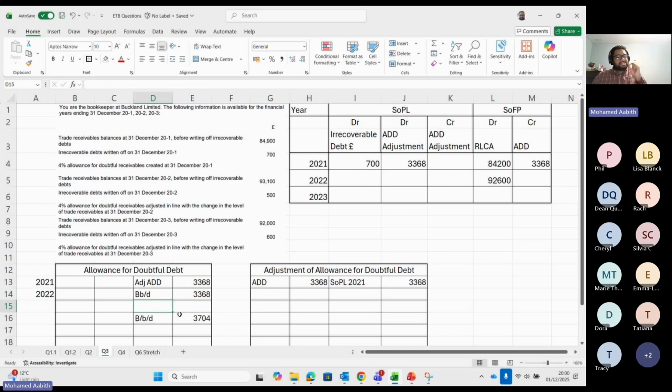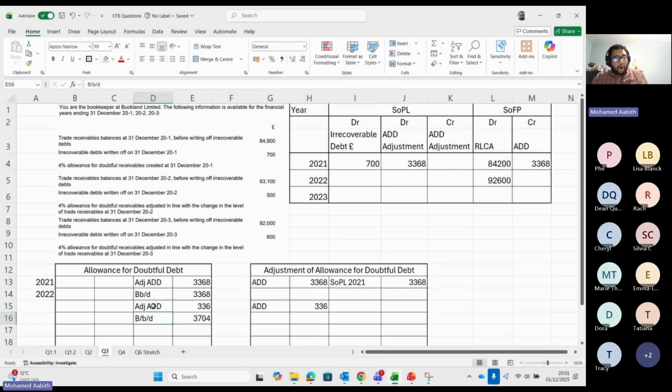I need to add some more to this number. That number is going to be equal to, hold on, where's my calculator, that minus that figure. Because if I put 336 pounds more, which is the adjustment for allowance for doubtful debt, in this scenario that will be a debit entry of 336.